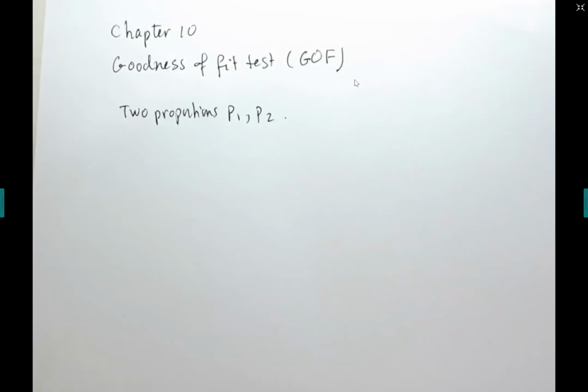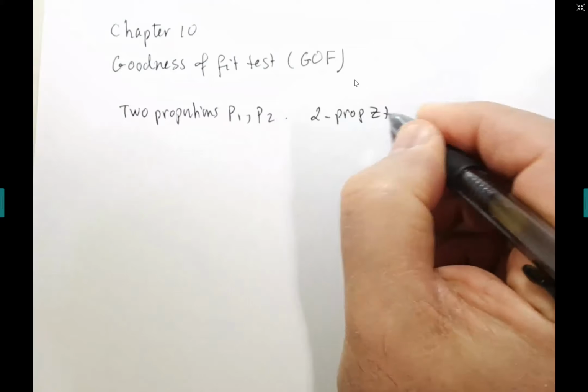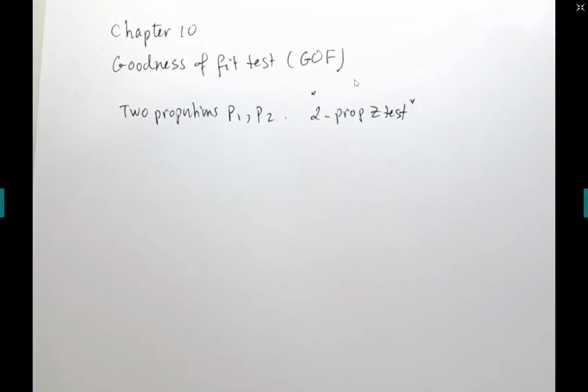You already learned that in chapter 8, and we tested it using what we call the two proportion Z test. You still remember that, right, guys?